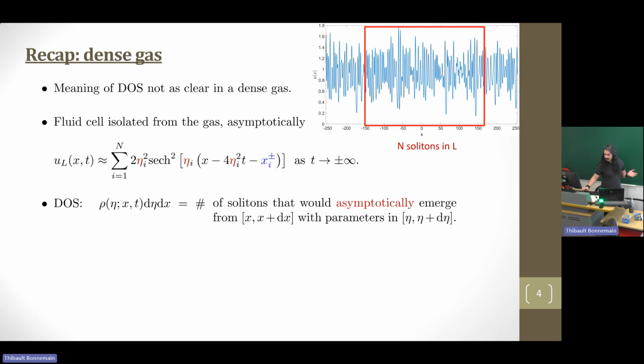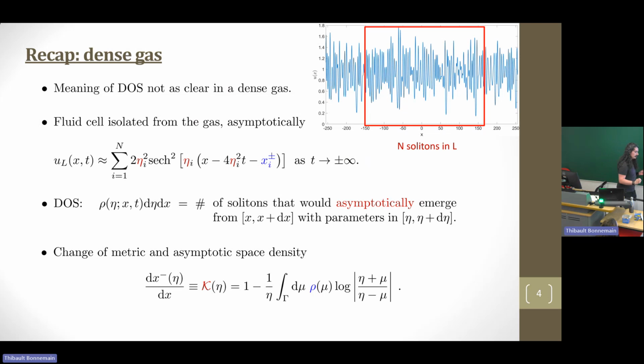So if you ask yourself where your impact parameters should be, given the position of your initial fluid cell, so in order for your solitons to initially be in your fluid cell, you can ask what the conditions on the impact parameter are, and you can write a relation that describes a change of metric between the asymptotic coordinates and the finite time coordinates, due to the scattering shift, the position shift, and the fluctuations.